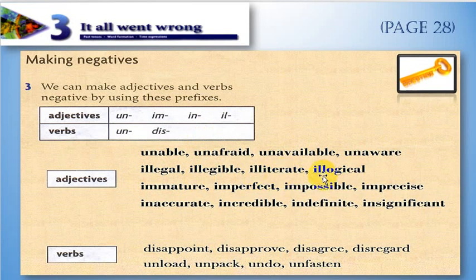Logical, illogical. Mature, immature. Perfect, imperfect. Possible, impossible. Precise, imprecise. And finally in. Accurate, inaccurate. Credible, incredible. Definite, indefinite. Significant, insignificant. That is for the adjectives.